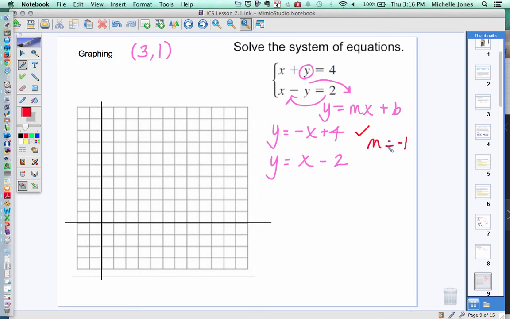Your slope is -1, and your y-intercept is 4. So y-intercept of 4, remember, means 0, 4. So you go up, 1, 2, 3, 4. You get a negative slope, so down 1, over 1, down 1, over 1, down 1, over 1.